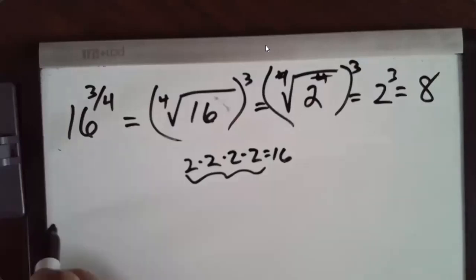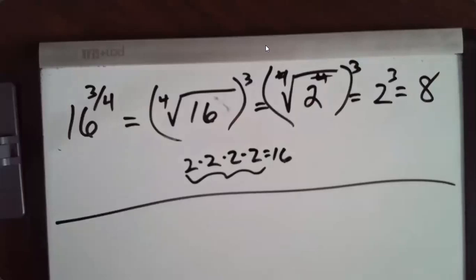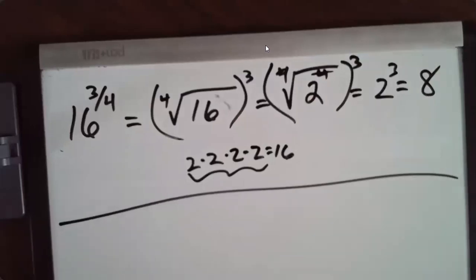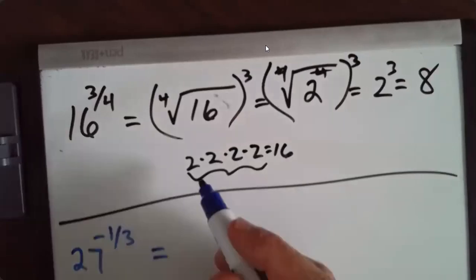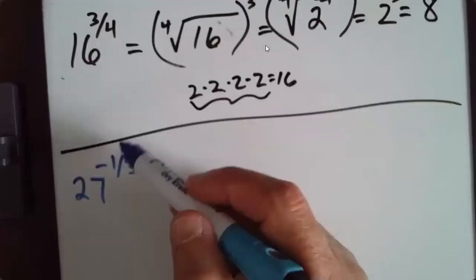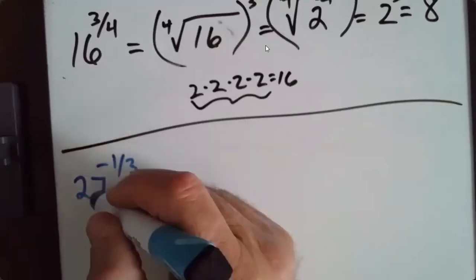All right, let's try another one. Here we have 27 to the negative 1/3 power. Anytime you see a negative exponent, you bring that base down.